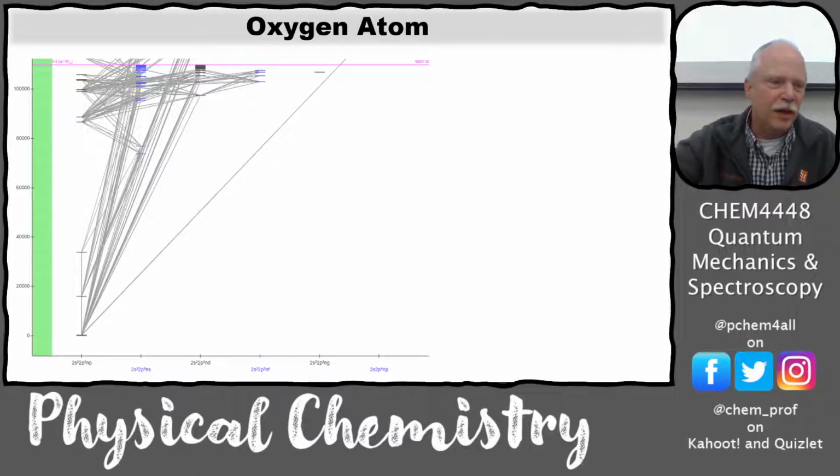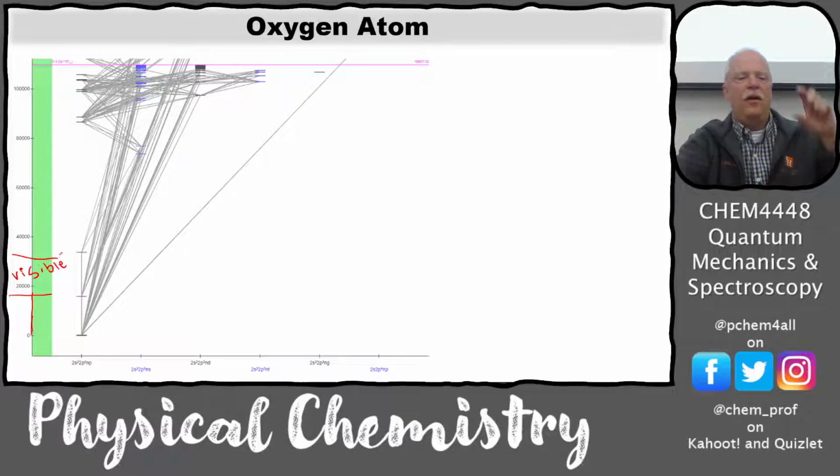And so here we are, this is the oxygen atom, and sure enough, this is the Grotrian diagram. The visible range is around 15, 18,000, 20,000. So this region right here, going from 0 up to this region right there, is going to be all of that visible range.